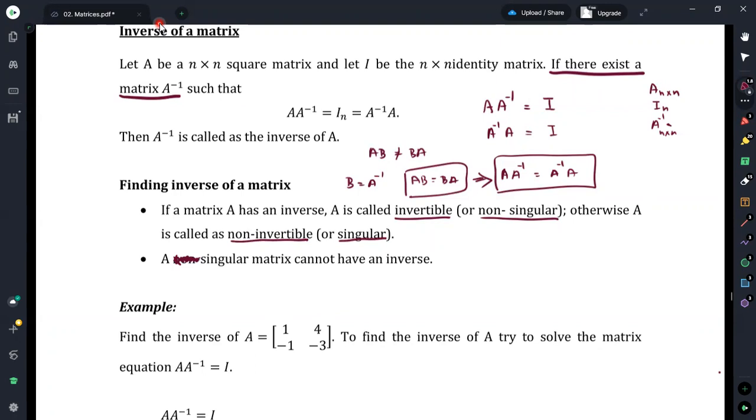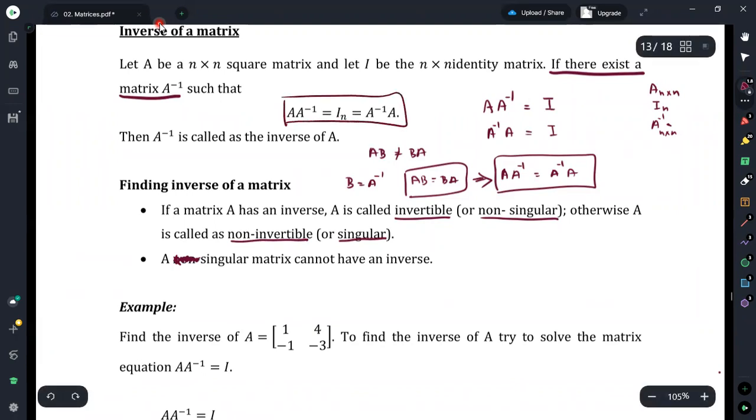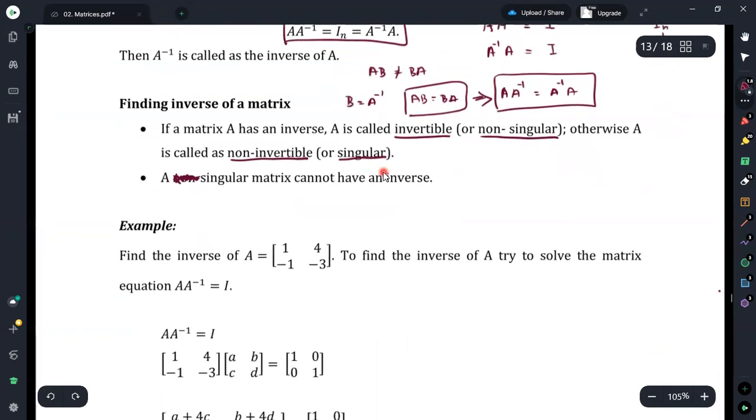Now we'll see how we can obtain the inverse of a matrix. First, I will discuss obtaining the inverse using the basic concept that we have mentioned here. This is the basic concept of obtaining the inverse of a matrix. First I will take a small matrix, a 2 by 2 matrix.